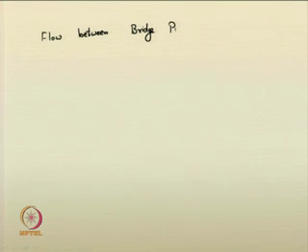Next, what we would like to discuss is flow between bridge piers. So, a bridge pier is also an obstruction. It is the same theory related to obstructions that you have to employ here.